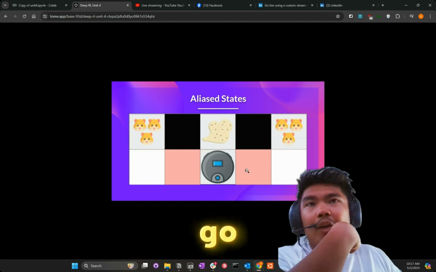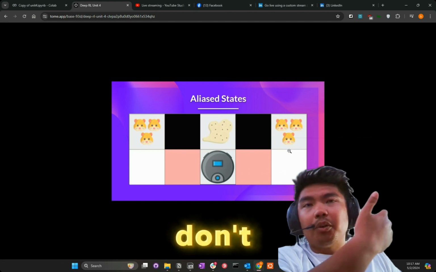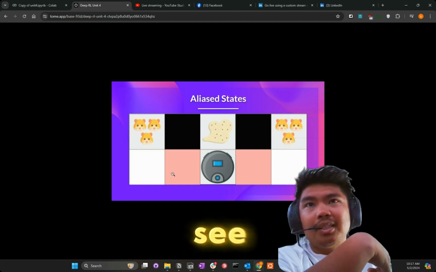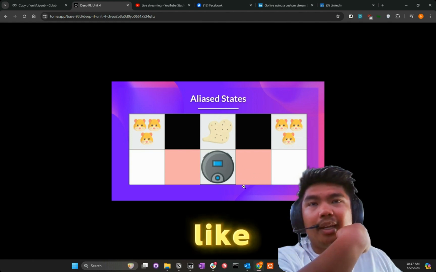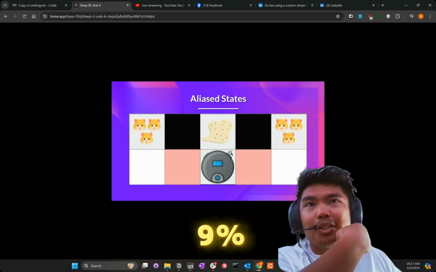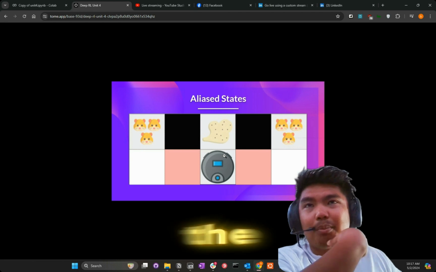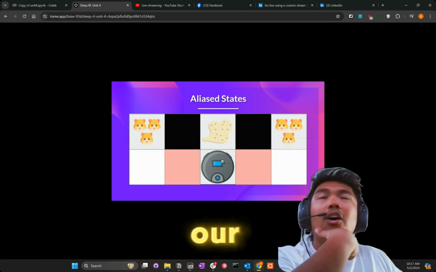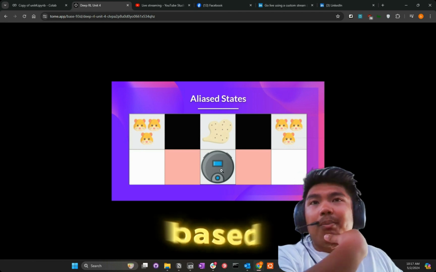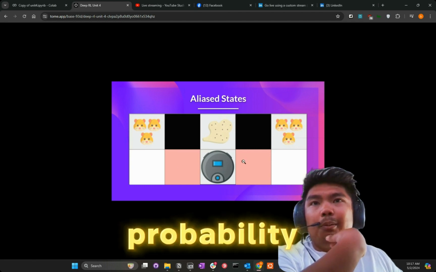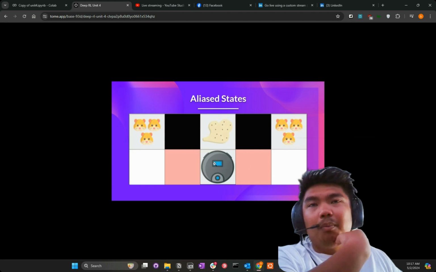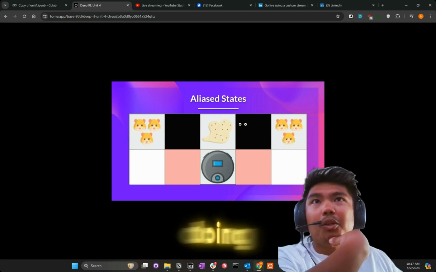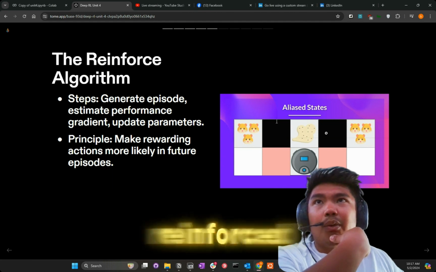You can see, go to the right, go up, don't get the reward. So theoretically the probability of going up should be 99% from our policy-based agent, and the probabilities of going left and going right would be minuscule, should not be doing it. So that's kind of a REINFORCE algorithm.